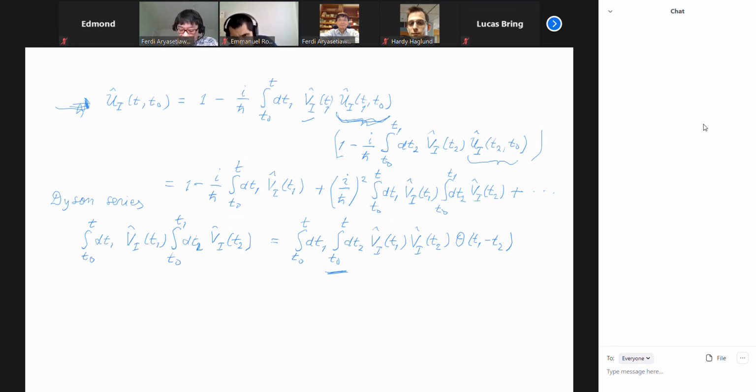So this is equal to the same integral with theta(t2 minus t1). I'm just interchanging t1 and t2 because they are just dummy variables, so they are the same.